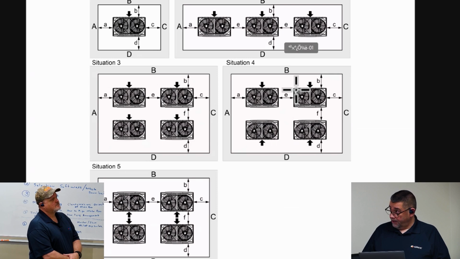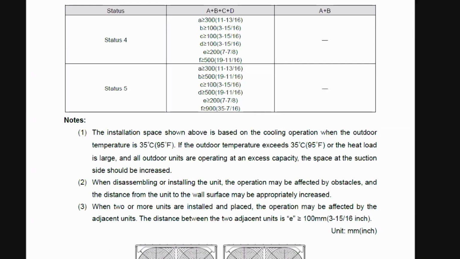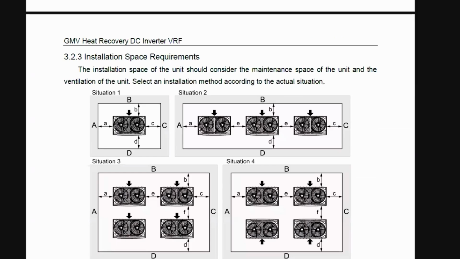Straight across like that or front to back. Those clearances are important because we need to dispel the air, right? Or the heat. Dispel the heat or absorb the heat. Yep. And that one right there is going to come into play when we're doing twin units. Okay. So before we jump into all that though, let's go to page 6 and 8.